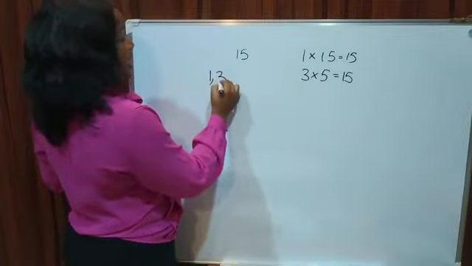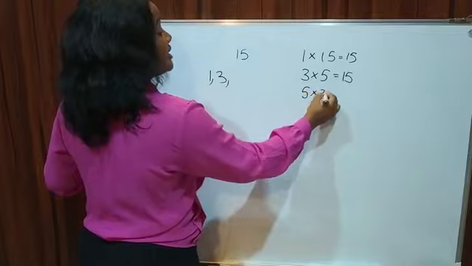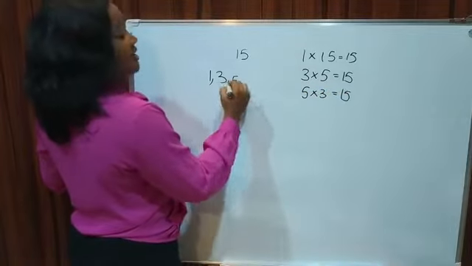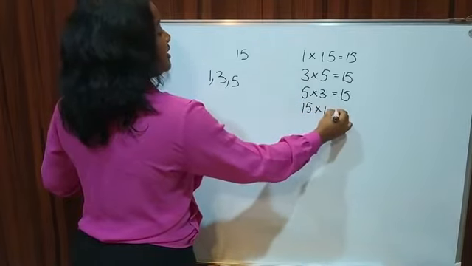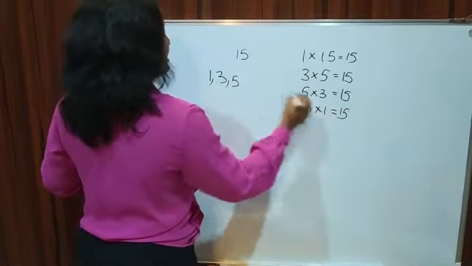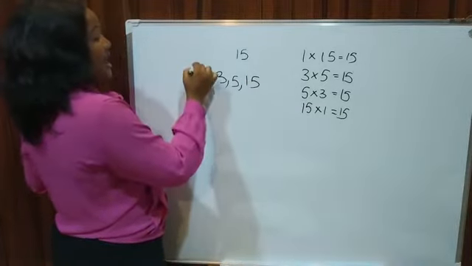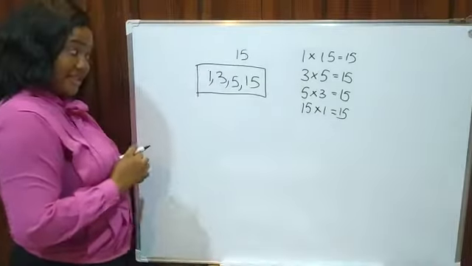So we have 3 here. And we still have 5 times 3 equals 15. We have 5. And we have 15 times 1 equals 15. We have 15. So these are the factors of 15.